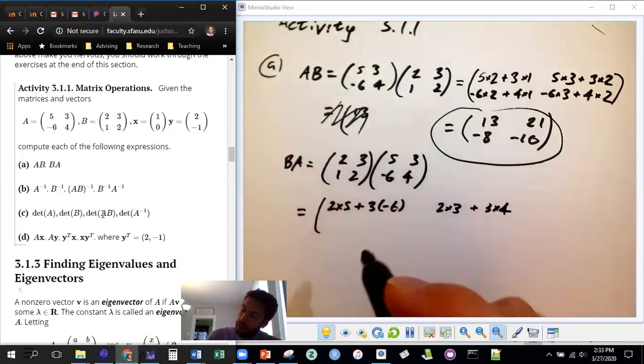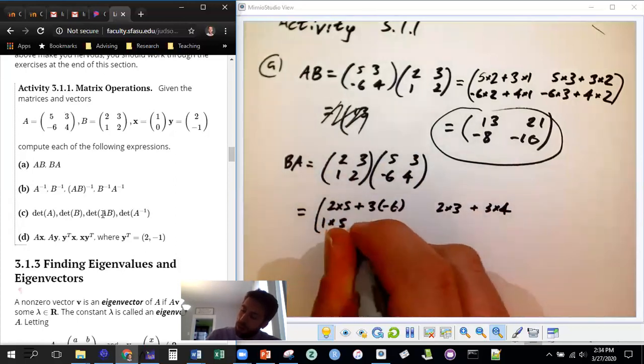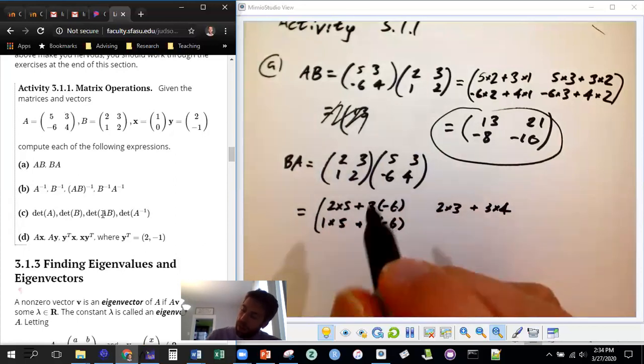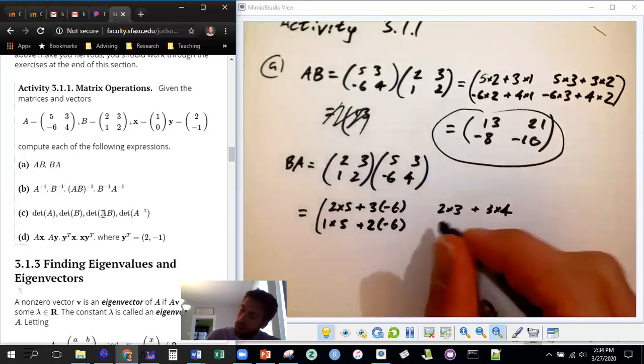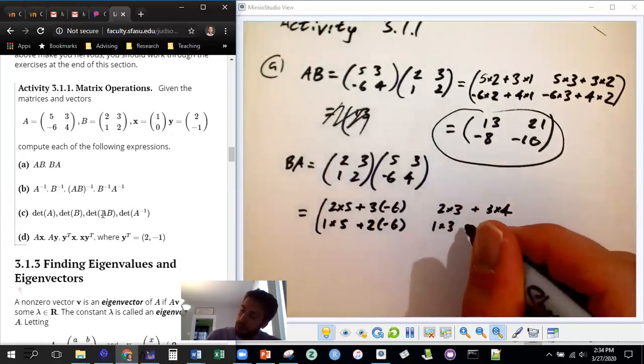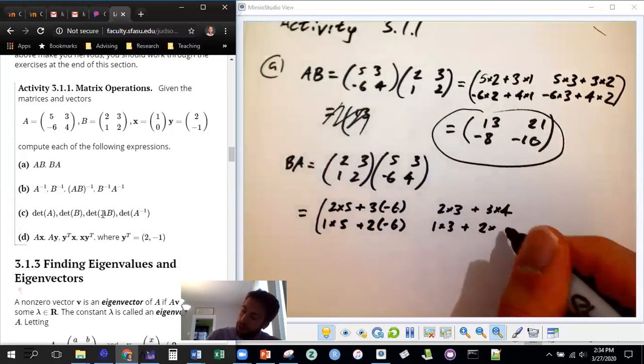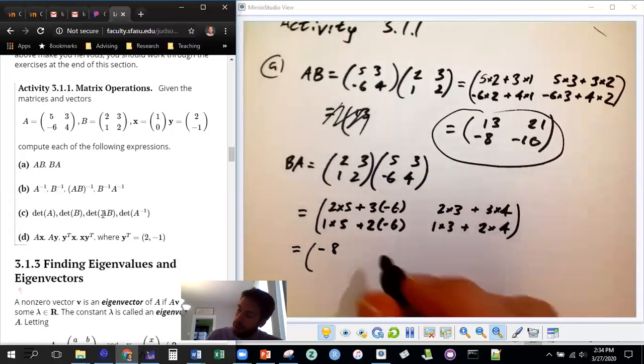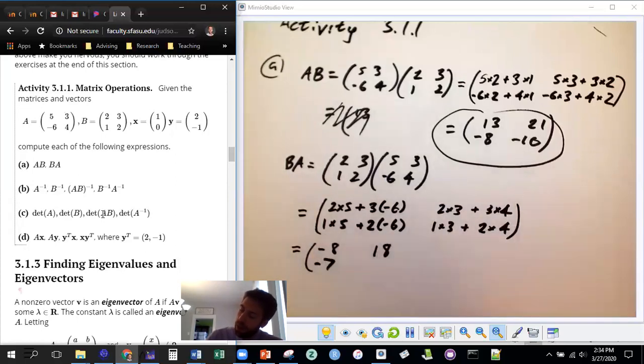And then bottom row times first column, 1 times 5 plus 2 times -6. And bottom row times right column, 1 times 3 plus 2 times 4. So we've got 10 minus 18 is -8, and then 6 plus 12 is 18, and then 5 minus 12 is -7, and then 3 plus 8 is 11.